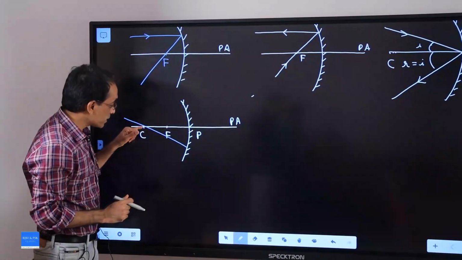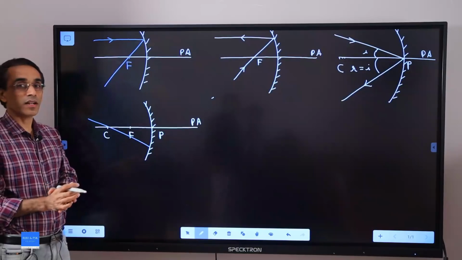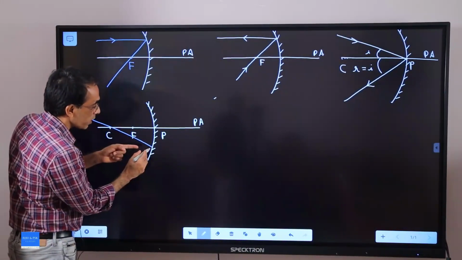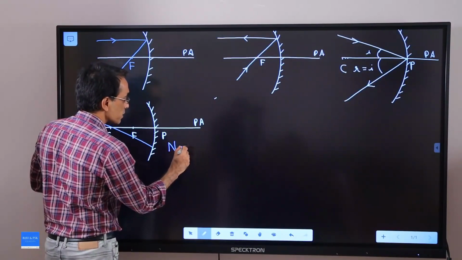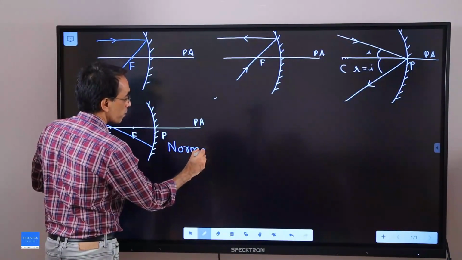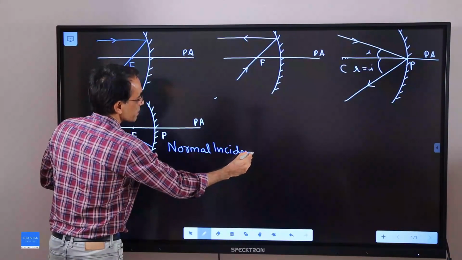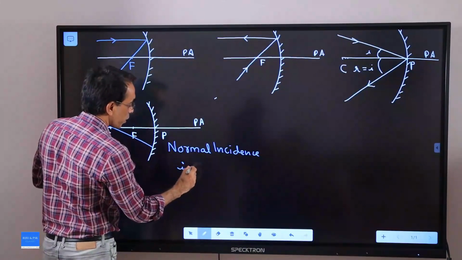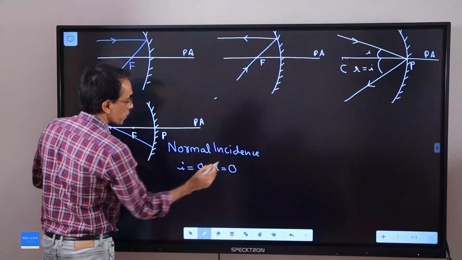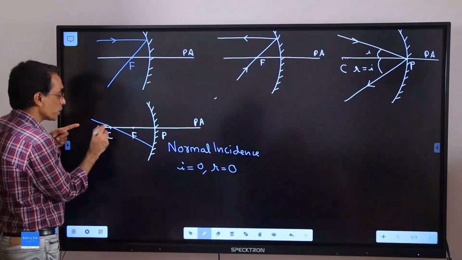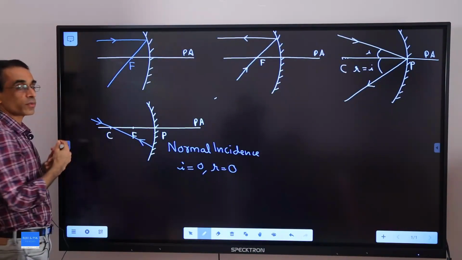We know that this is the center of the sphere. So this become a radius, and the radius is a normal. Right. So this is falling along the radius. So this is called normal incidence. In normal incidence, you should know angle of incidence equal to 0, angle of reflection is also equal to 0, meaning the ray which was going in this direction will retrace its path backward.